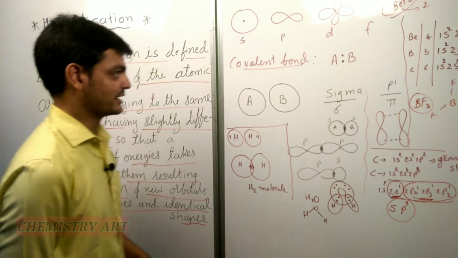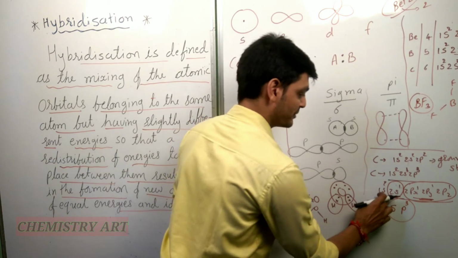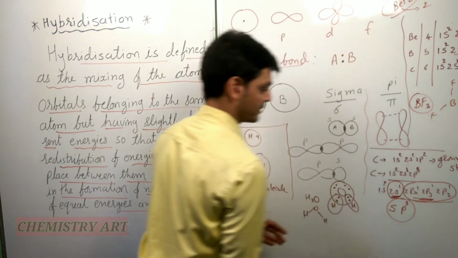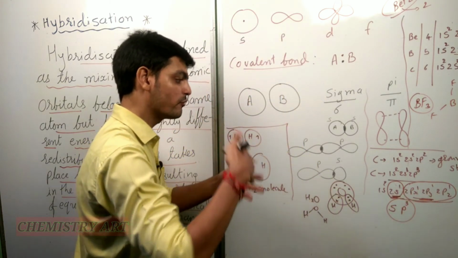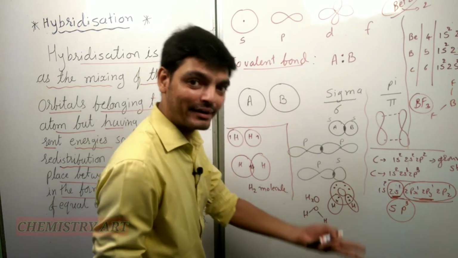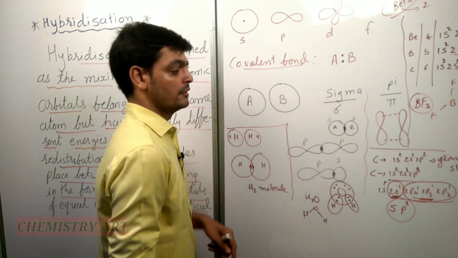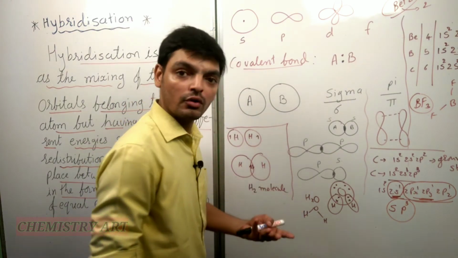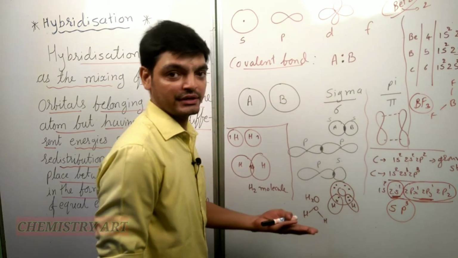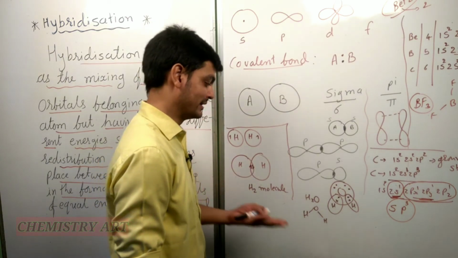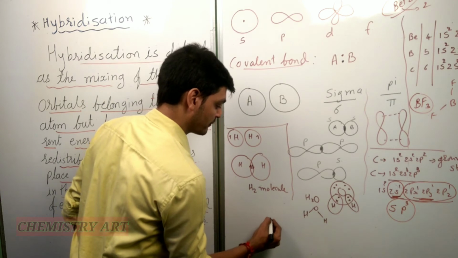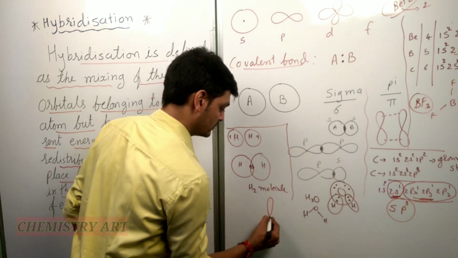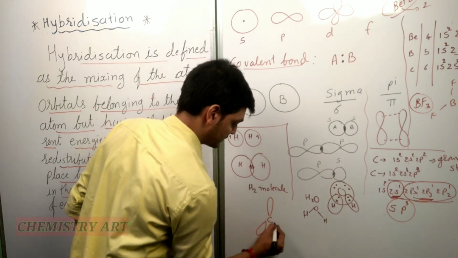So it means that when the 1s orbital of carbon and the 3p orbitals of carbon combine to form hybridized orbitals, 4 new hybridized orbitals are formed, and these hybridized orbitals of carbon have a shape like this.